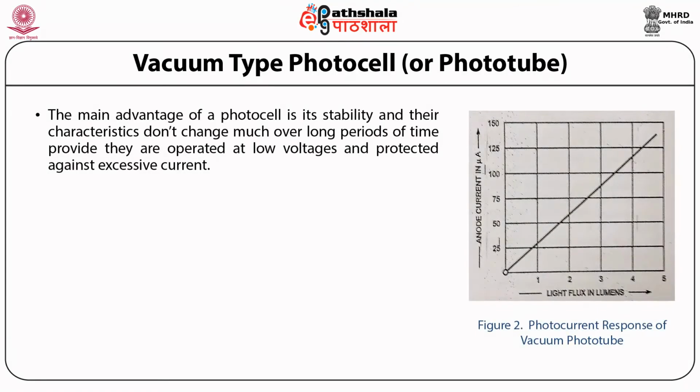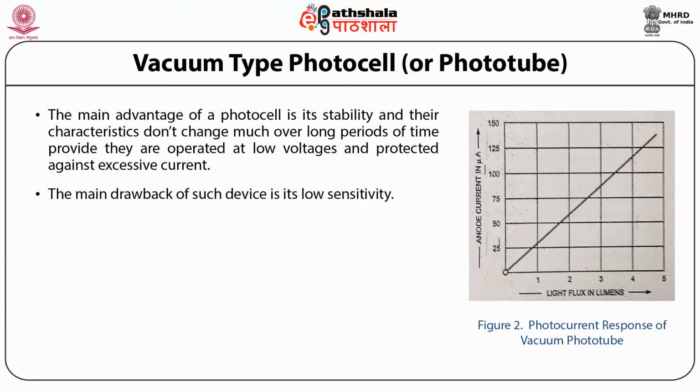The main advantage of a photocell is its stability, and their characteristics don't change much over long periods of time, provided they are operated at low voltages and protected against excessive current.